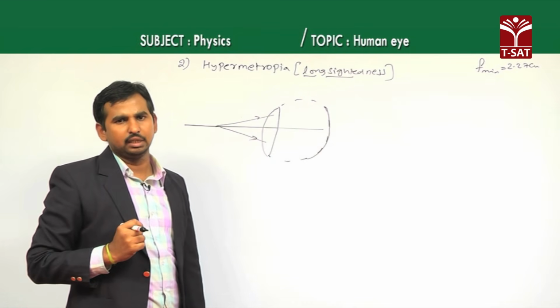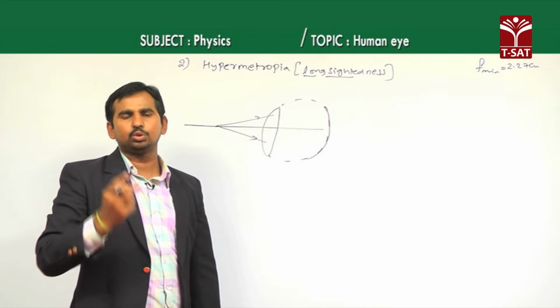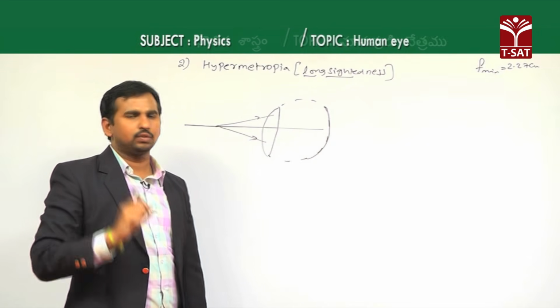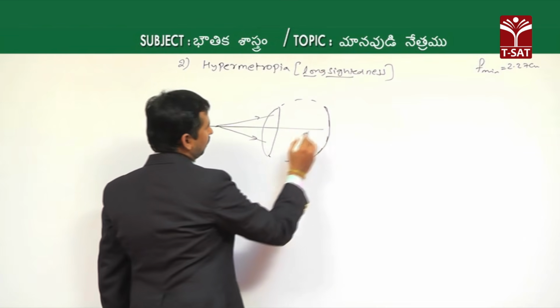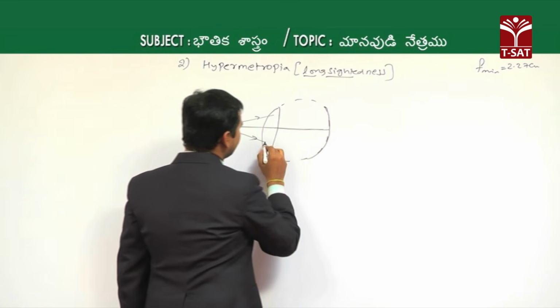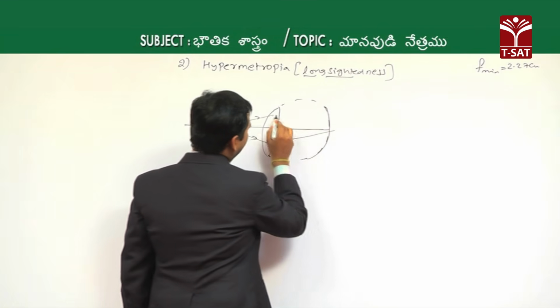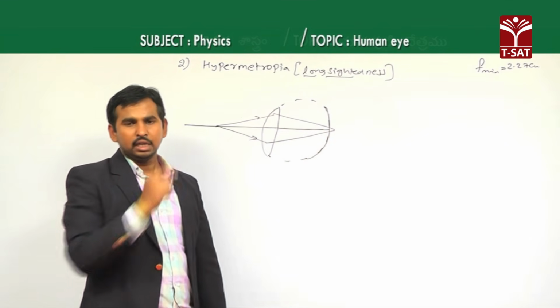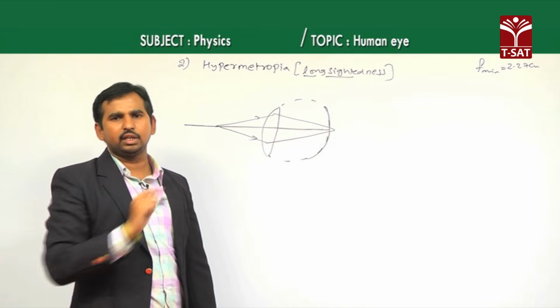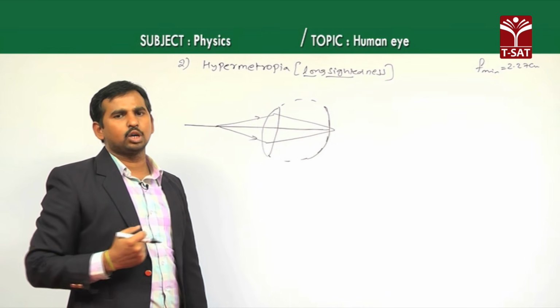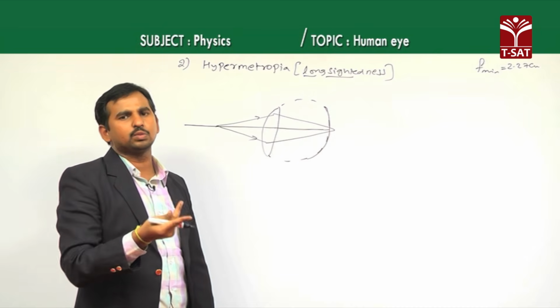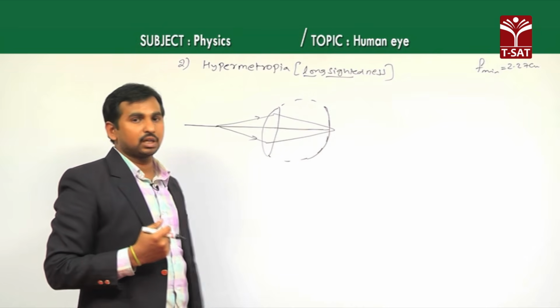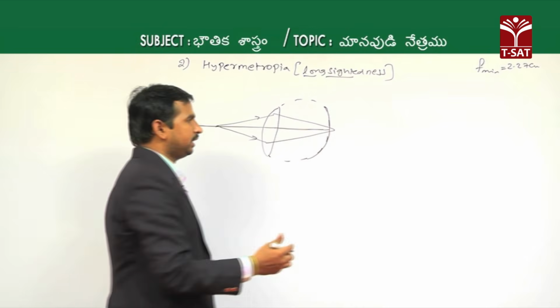Because of the larger focal length, the converging point is at a longer distance, which means the image is not forming on the retina. The image forms after the retina, like this, because the required focal length is less than 2.27, but it is always more than 2.27. That is why the converging point is after the retina.